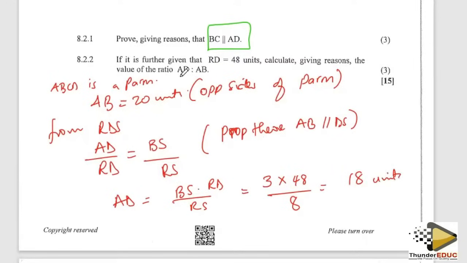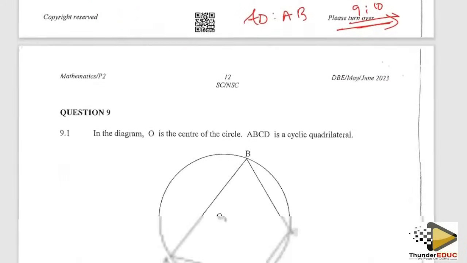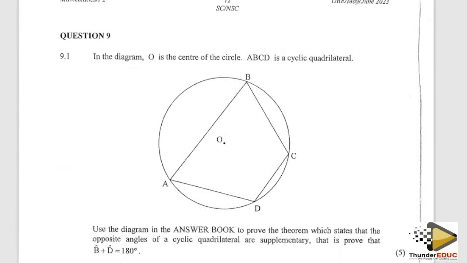Which means the ratio of AD to AB is 18 is to 20, because our AB was 20. Remember, initially we said this. When I simplify this, I'm going to have 9 is to 10. So AD to AB is 9 is to 10. All right, guys, that is question number 8.